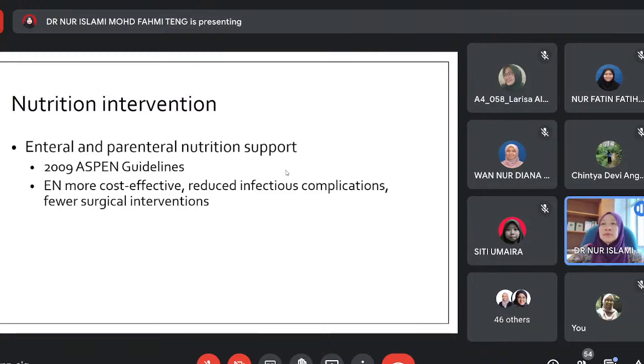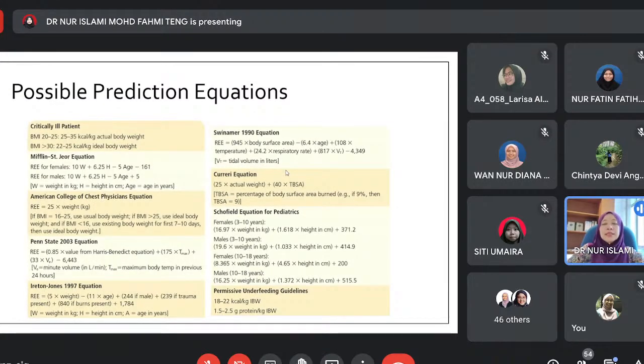So how do we determine the energy requirement for the patient? This is among the possible prediction equations that we can use for critically ill patients. For those with normal BMI, 20 to 25, we use about 25 to 35 kilocalorie per kg actual body weight.